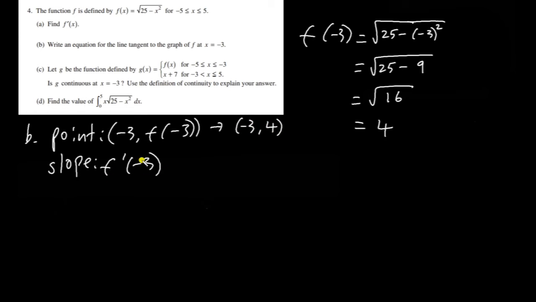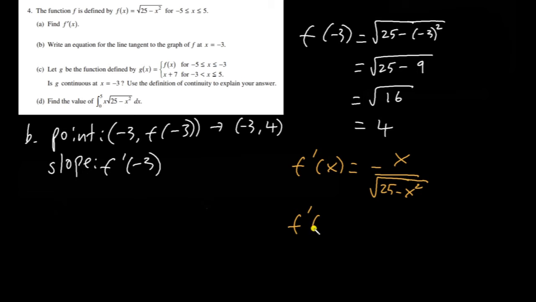Now I want you to write f prime of negative 3. First I'm going to write out the equation for f prime of x. From part A, we said that f prime of x was negative x over square root of 25 minus x squared. To find f prime of negative 3, we need to plug in negative 3 for x.